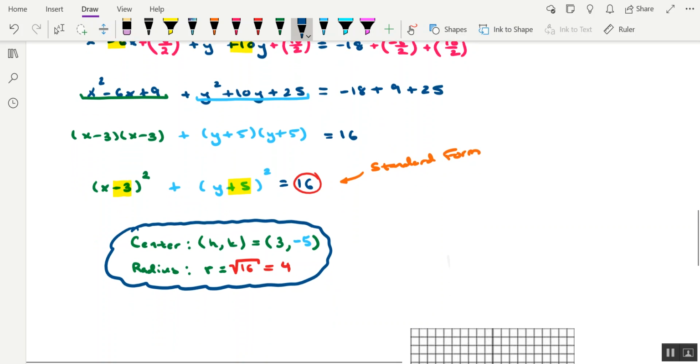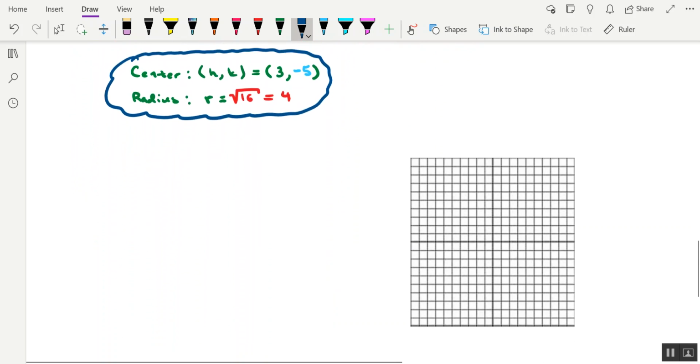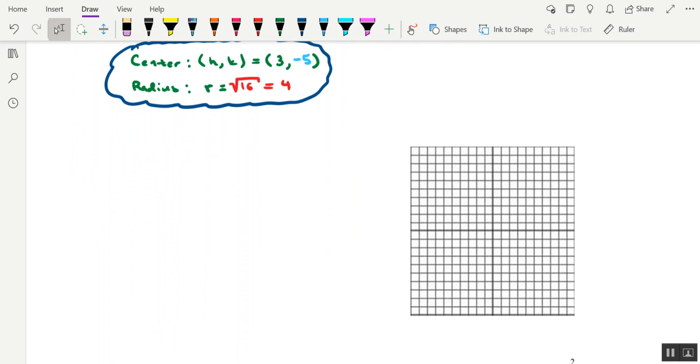Now let's graph it. Graphing the circle really just boils down to 3 steps. Number 1, you plot the center. So I'll say plot h comma k.